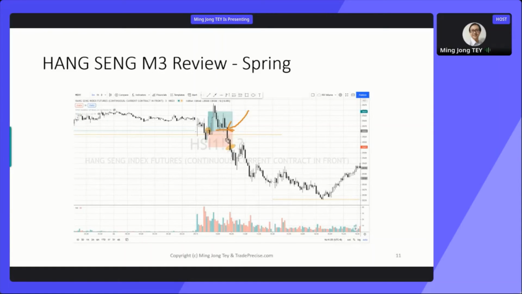Eventually I did not close it right after the close of this bar. Instead I just let it drift and hit the stop. One thing I could have done better is an early exit right after the breakdown bar. That could have been minus 0.5 reward to risk instead of minus 1, which could save some money.